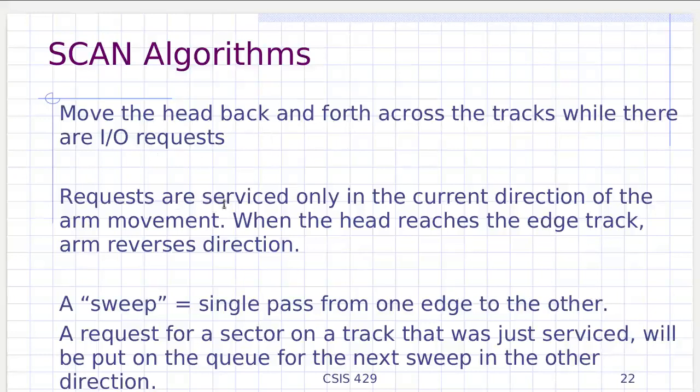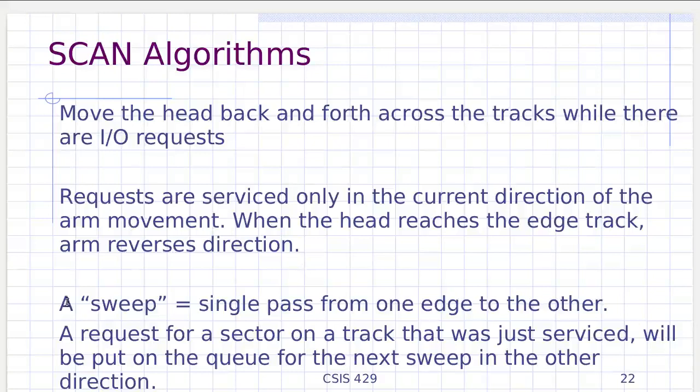Requests are then serviced only in the current direction of the arm movement. So you decide which way you're moving, and then you find the requests that are next up in the direction that you're moving. When the head reaches the edge track, either the inner edge or the outer edge, the arm just reverses direction, and then you can handle things that you missed.